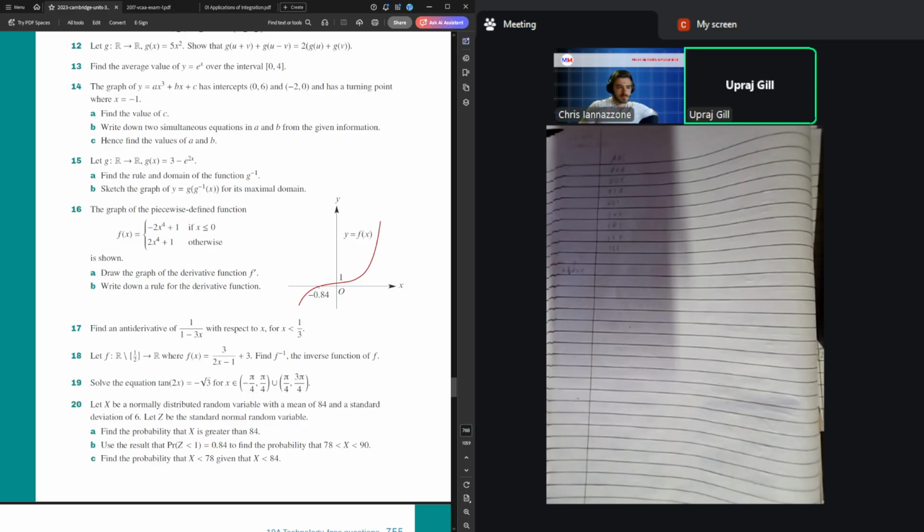It looks like to me that it's going to be -1 and 3. So -1 is the midpoint between 0 and -2. That works with quadratics.